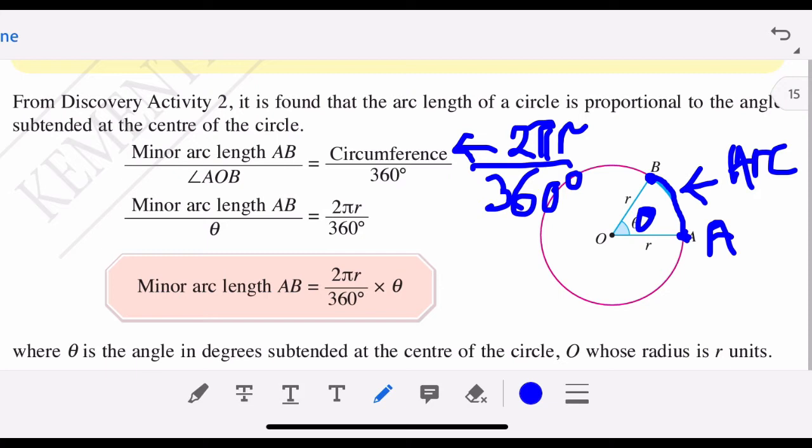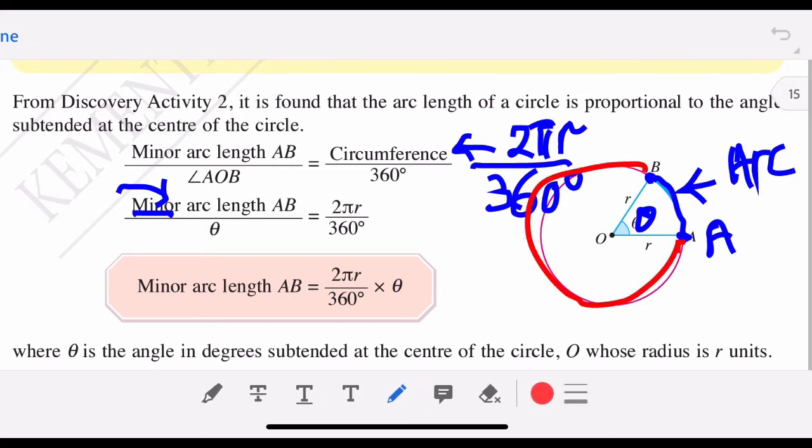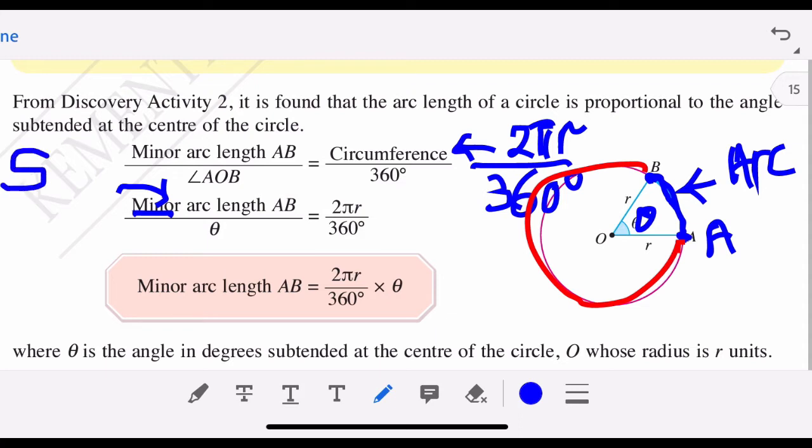I have to mention minor because we have two arc lengths. One is the major arc length, which is the red one, and the blue one is the minor arc length, right? The arc length, normally we use the symbol S_AB. S_AB over theta is equal to 2 pi r over 360 degrees.